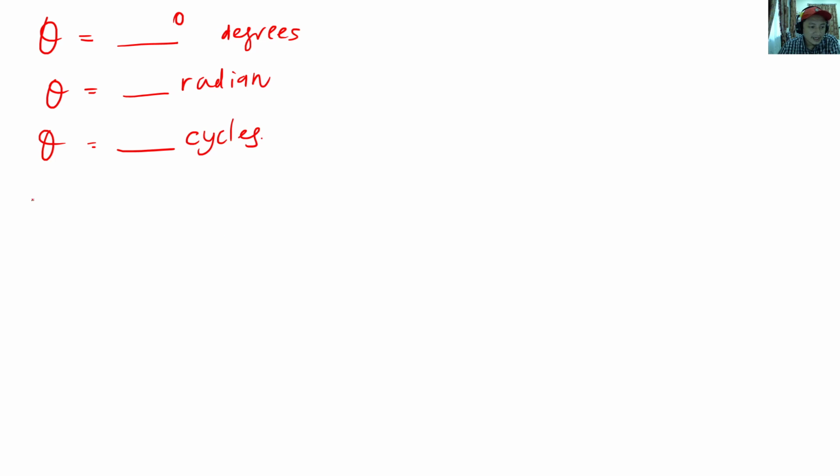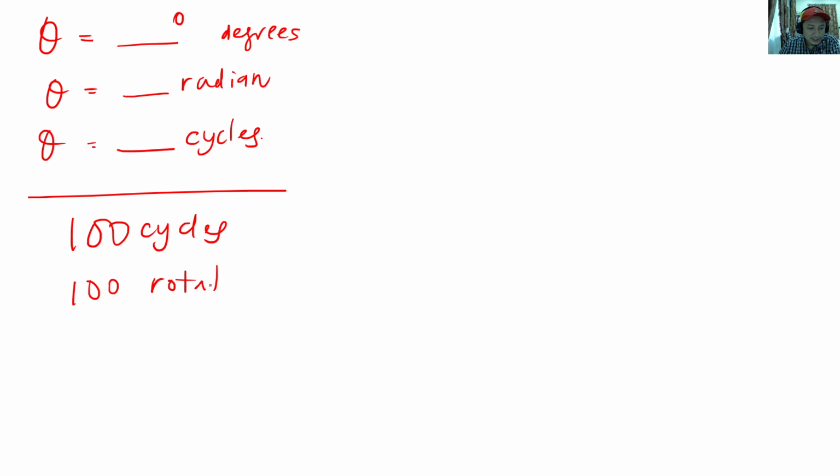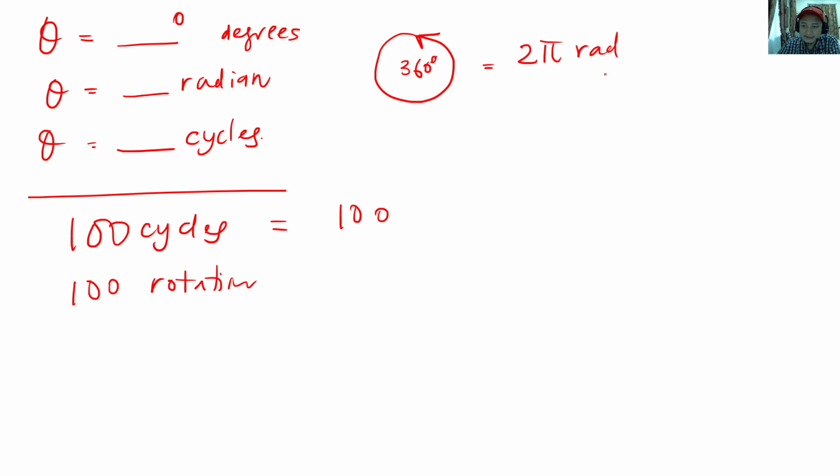So if you get 100 cycles or 100 rotation, because one rotation, 360 degrees, is actually equal to 2 pi radian. So if 100 cycles, 100 times 2 pi, you're going to get 200 pi radian. Okay. 100 rotation, same thing.